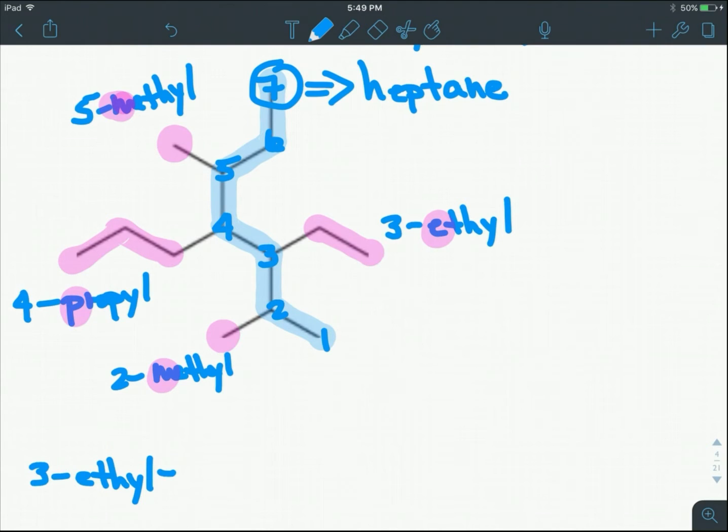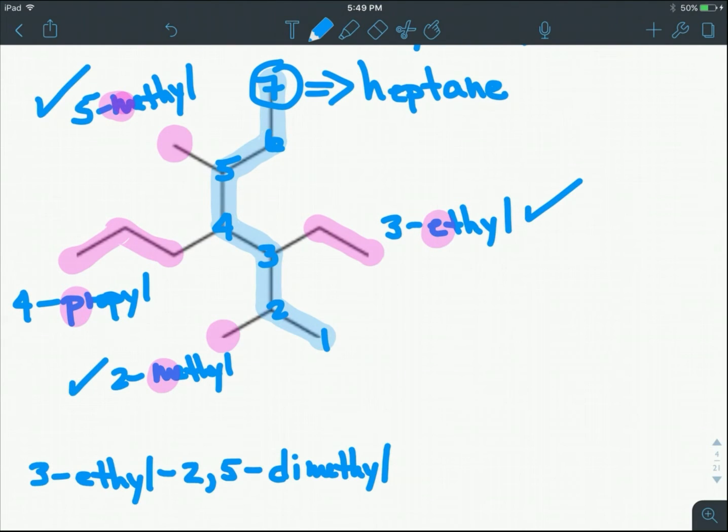Next would be the M for methyl, and there are 2 of them, so I need to combine them. At 2 and 5, di, because there are 2 methyls. So we've taken care of that one, and this one. And now we have the 4-propyl.